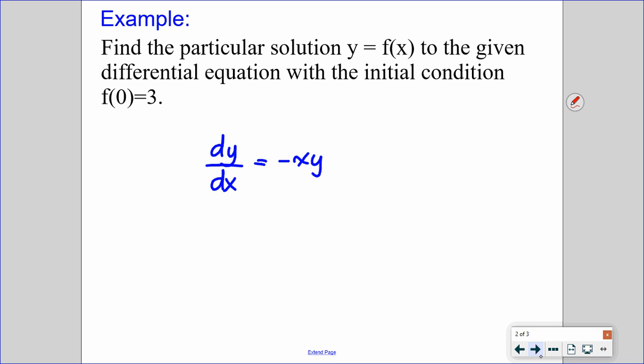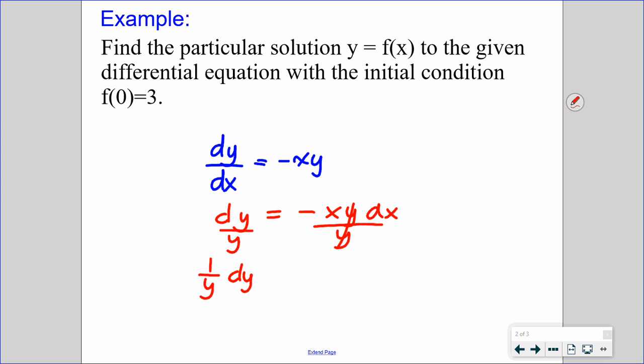I would multiply by the dx on both sides to get dy equals negative x times y times dx. Then we just need to divide by y, and we'll end up with 1 over y times dy equals negative x times dx.